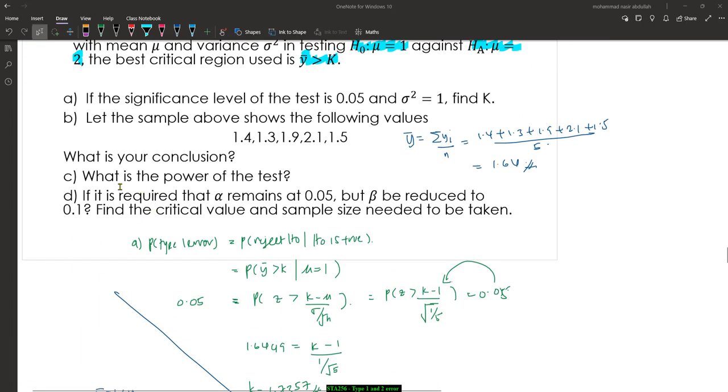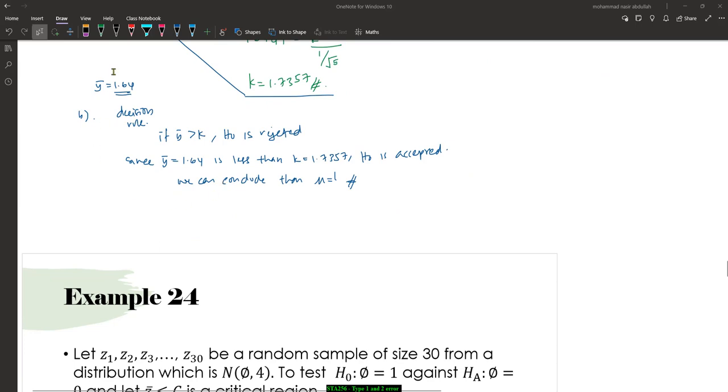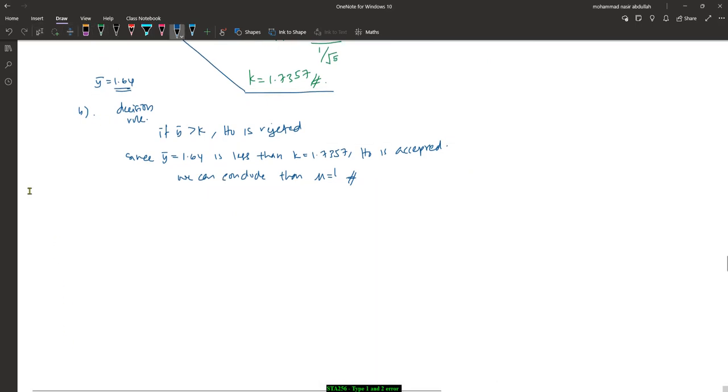So C, what is the power of the test? Remember in the beginning of the class, right, I dah bagi tahu, type 2 error is beta, power of the test is the complement of beta, 1 minus beta lah. So we need to find the power, the type 2 error first, right?